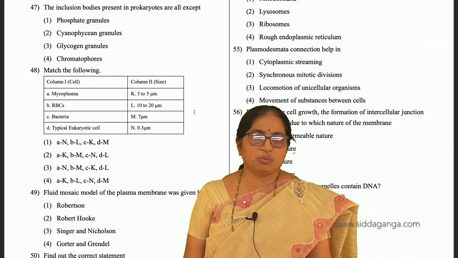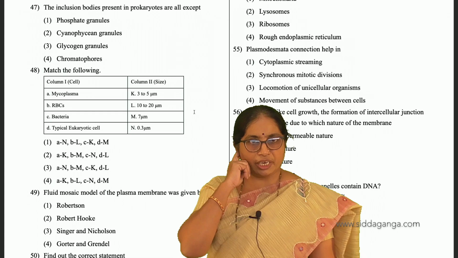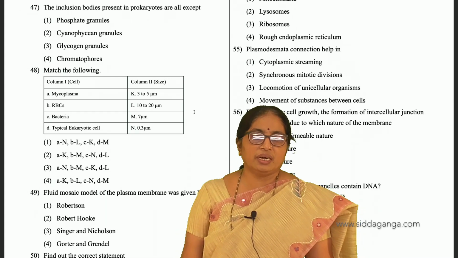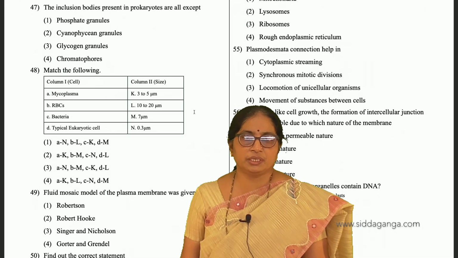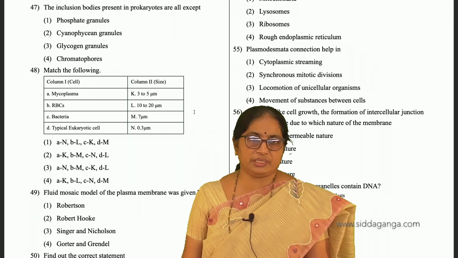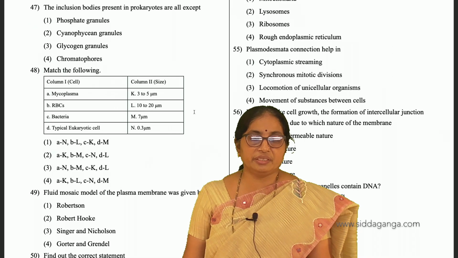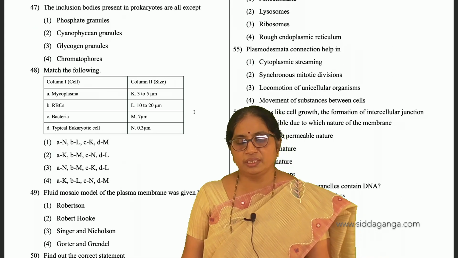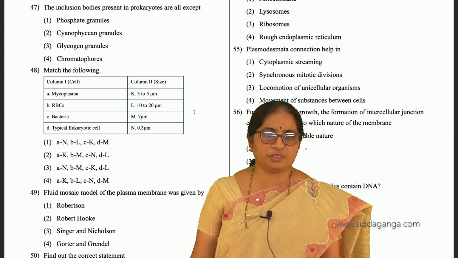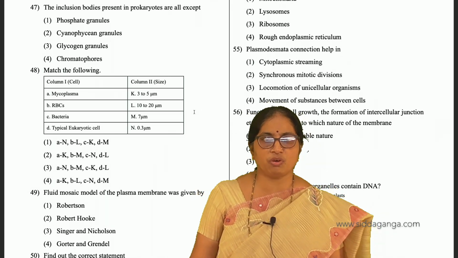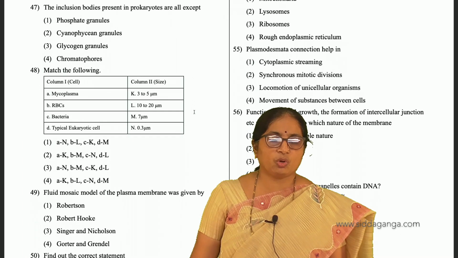Inclusion bodies, phosphate granules, cyanophycin granules, glycogen granules, all these are inclusion bodies present in the prokaryotic cells. That is, they are the reserve food materials present in the cell in the form of phosphate granules, cyanophycin granules and glycogen.